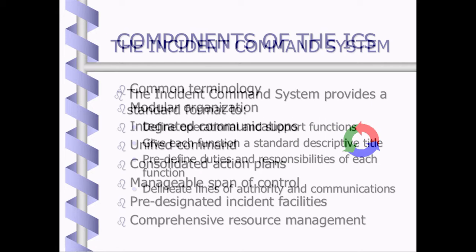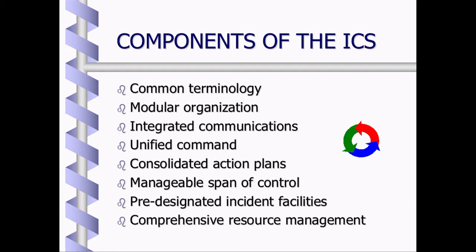So we're going to go over this in depth. But the components of ICS: common terminology. Everybody has a little bit different terminology. You working in your business have terminology that I don't have any idea what you're talking about. You in your areas of the city have your own terminology, which I wouldn't understand, and your own acronyms.